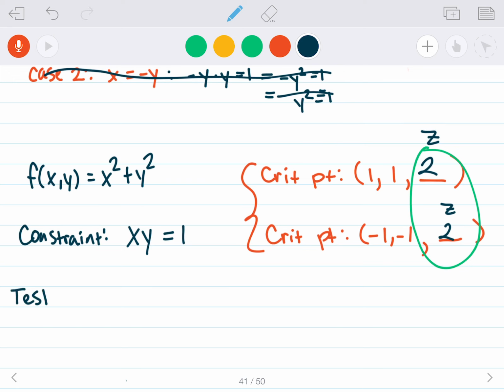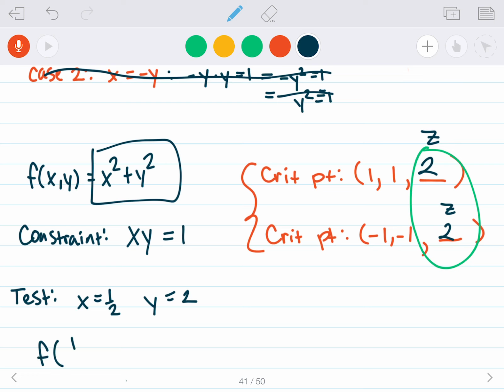How about we test the point x is 1/2, y is 2? That works. If we plug in 1/2 for x and 2 for y, 1/2 times 2 is 1. That's definitely going to be valid inputs on our surface. So we're going to test these into our surface function. What is f of 1/2, comma 2?